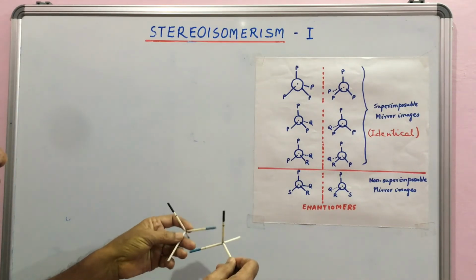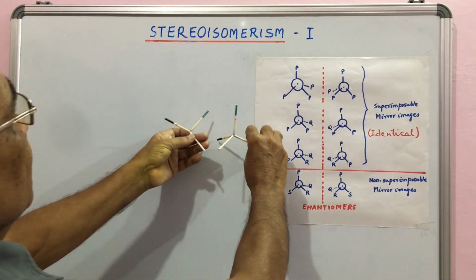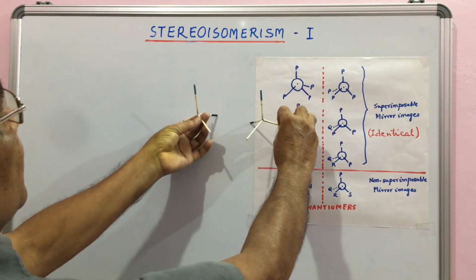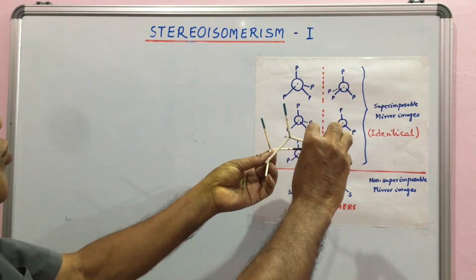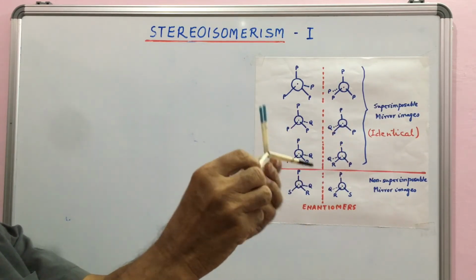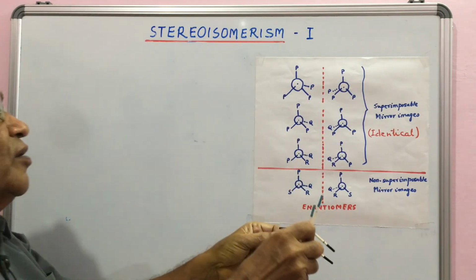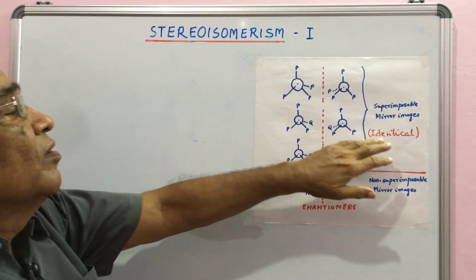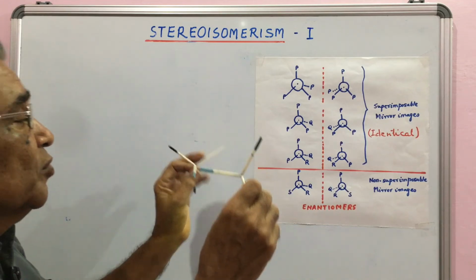So this is the mirror image of this. See? This is the mirror image, and you can superimpose it like this. Again, there is symmetry in the molecule, and the two molecules are identical, no optical isomerism.